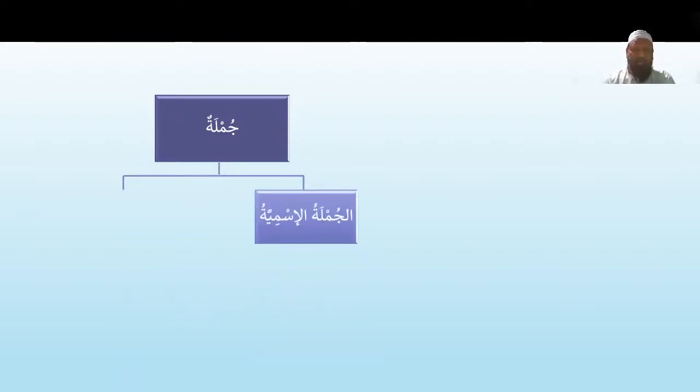Number one, al-jumlatul ismiyatu: a sentence that starts with a noun, or an ism. And number two, al-jumlatul fi'liyatu: a jumla that starts with a fi'l.